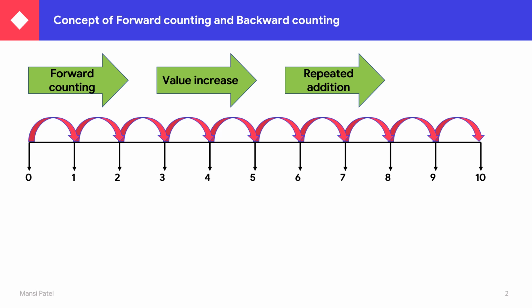And also we can say in forward counting we have to do repeated addition, that we already studied yesterday. In counting by 2s, repeatedly we have to add 2. In counting by 3s, we have to repeatedly add 3. We just add 3.